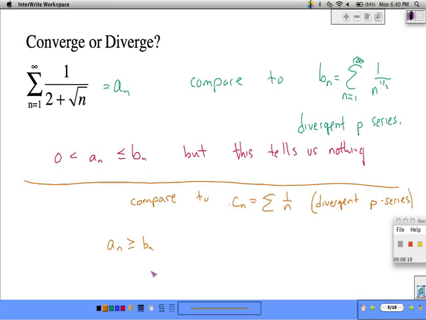And what might help you relate to the theorem that we had, you could rename these. So this is our b sub n, this is our a sub n. So now b sub n diverges. Our terms are all bigger than those terms. So by direct comparison, our series must diverge.